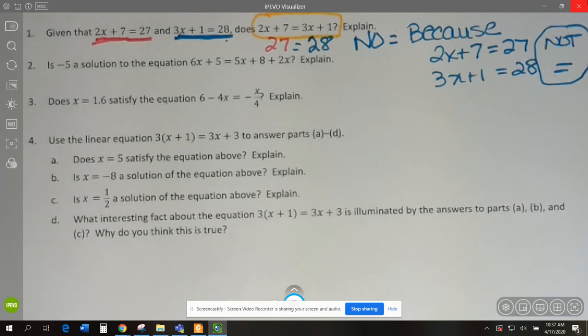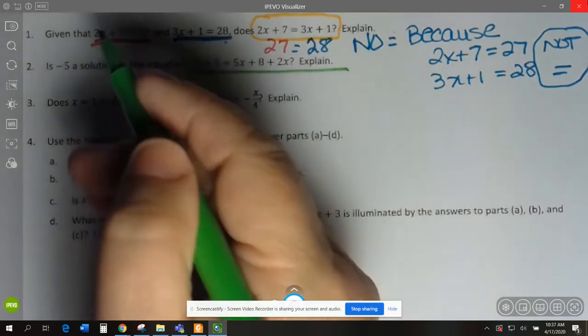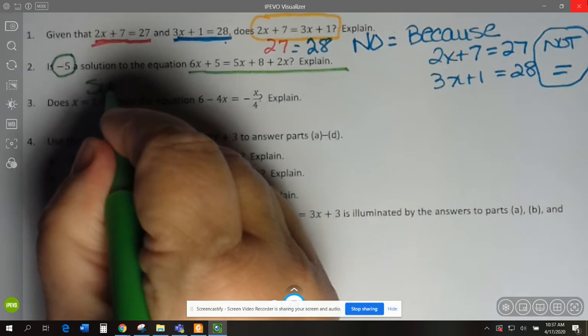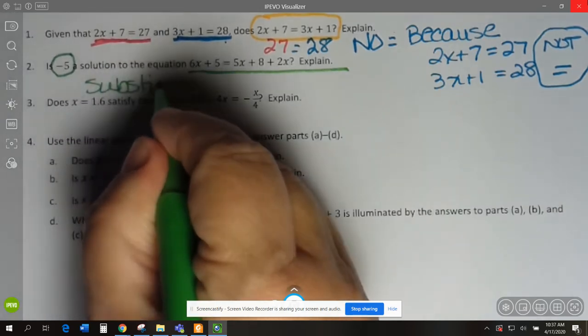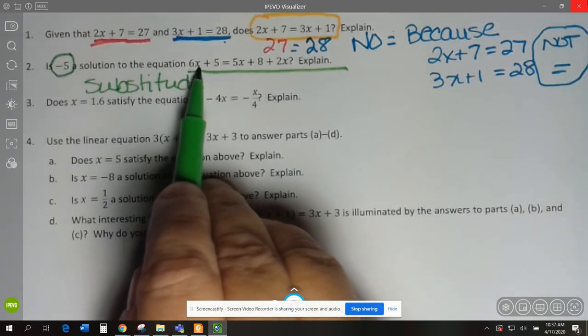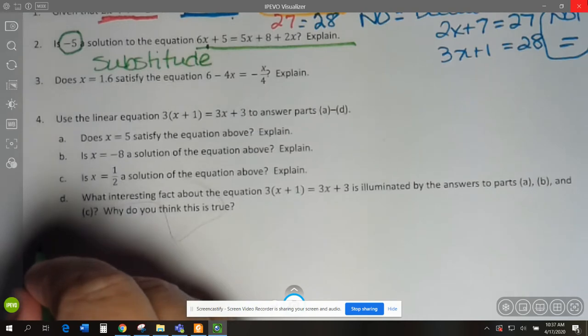Number 2, they want to know, is negative 5 a solution to this equation? So what we're going to do is we're going to substitute. We're going to take negative 5 and substitute it everywhere we see x. So I'm going to actually write that down here as my substitution.